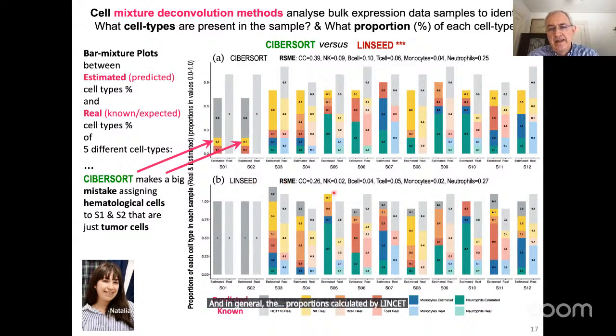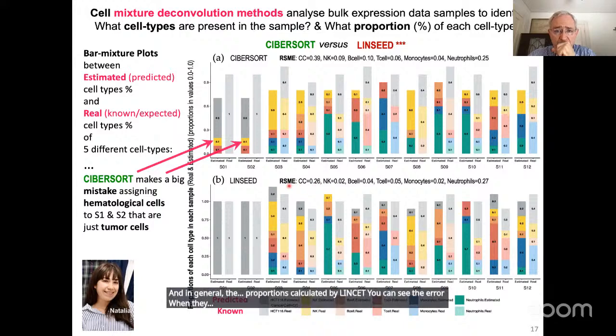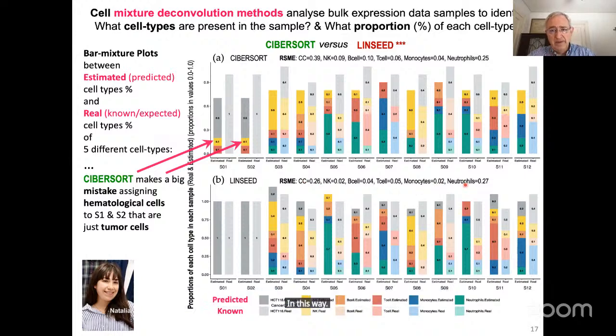You can see the error here when we calculate the root mean square error in this way, the distance, when it is 0 it is perfect. So here the numbers are smaller for Linset than for Cibersort for the same samples.